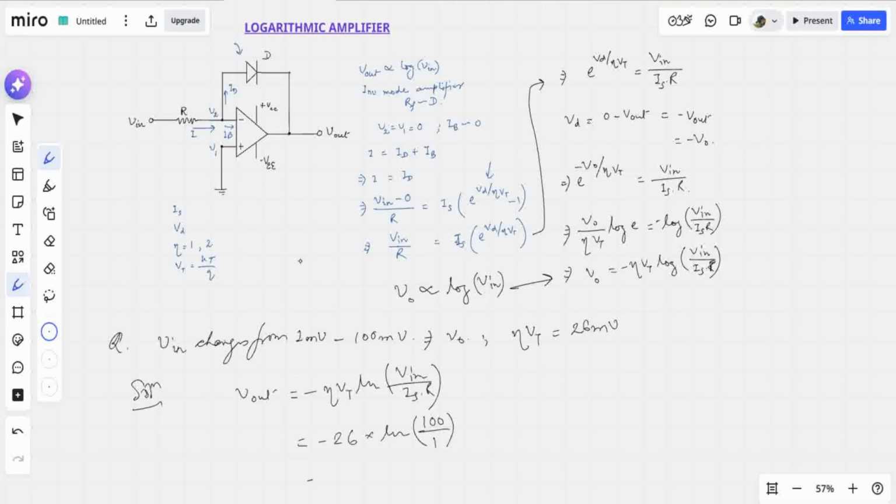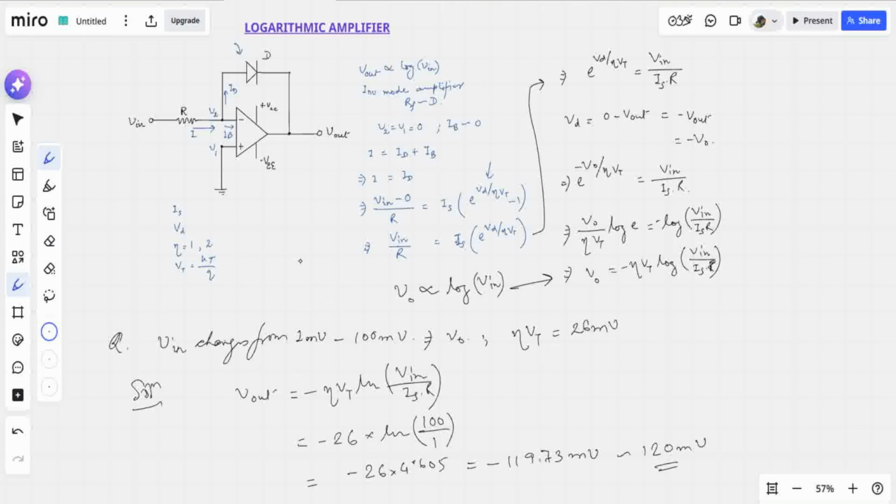So this is minus 26 into ln of 100, which is 4.605, which equals minus 119.73 millivolts. Okay, which we can consider equivalent to 120 millivolt. So the magnitude of change is 120 millivolts.